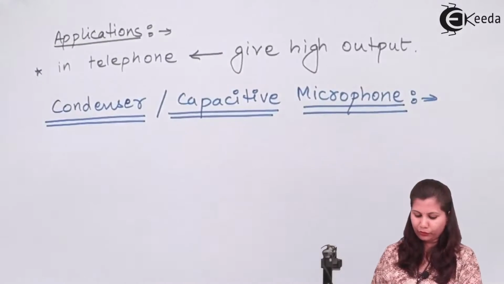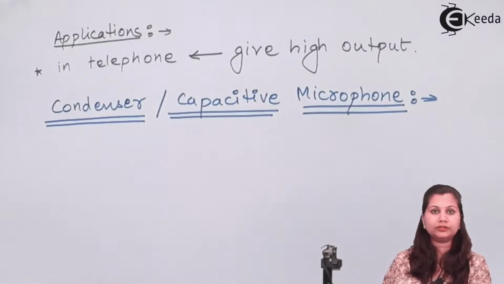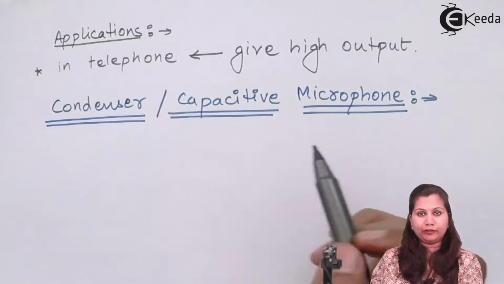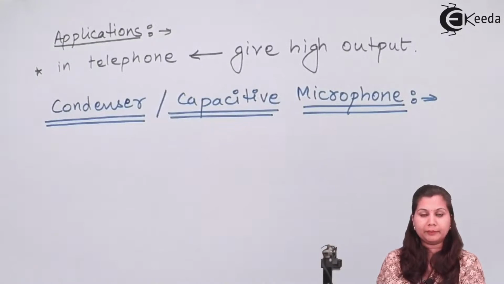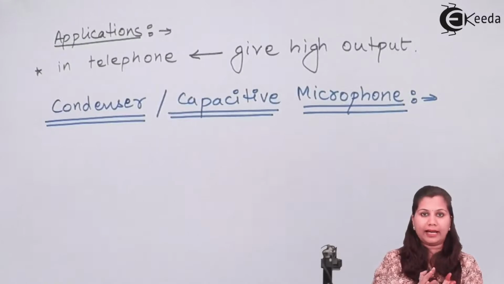This capacitive microphone works on the principle that due to the sound waves there will be a change in the capacitance. In the capacitor we know that there are two plates. One plate is the diaphragm.